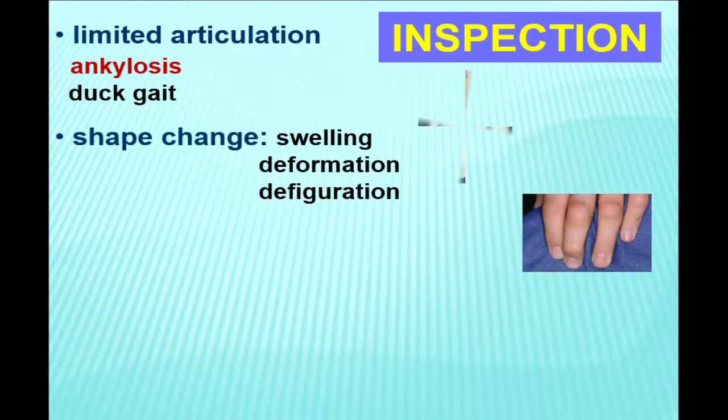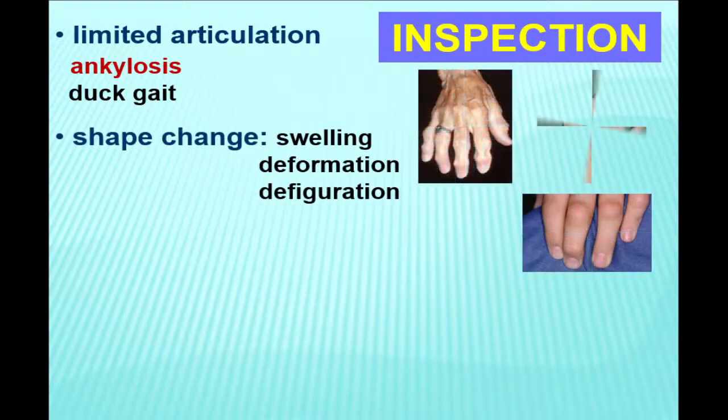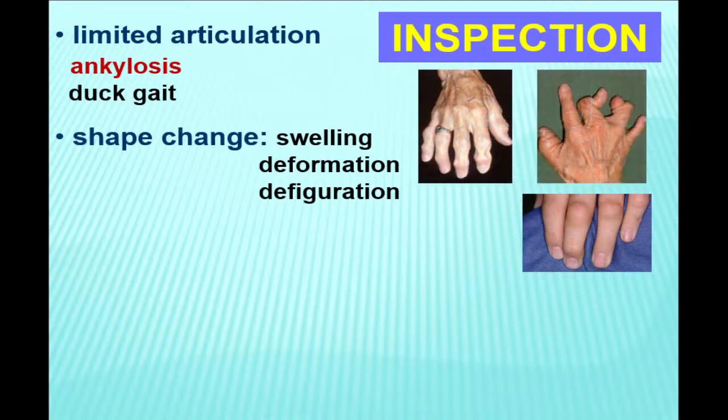We'll pay attention to the shape of the joints. I told you, when a patient sees any change of shape he can only say deformation. He shows the joints and explains, my joints are deformed. But for the doctor, change of shape may be the result of three different pathological processes.